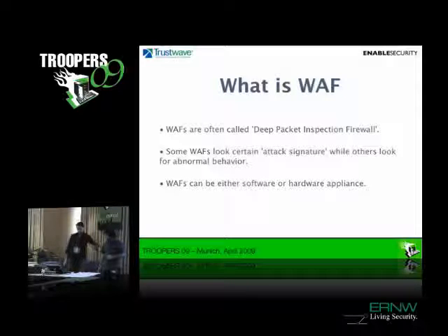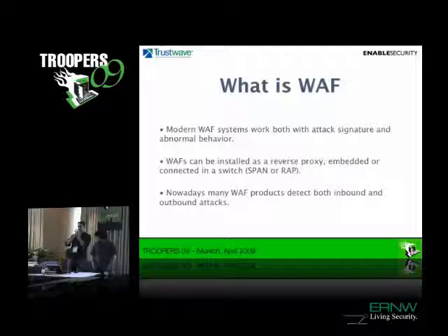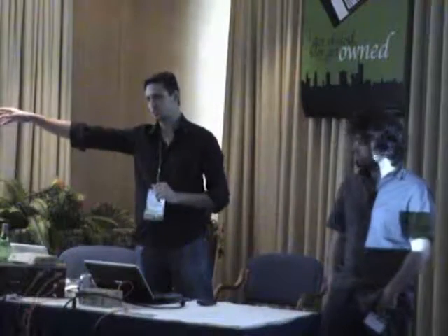Well, basically, they have 3 different network designs where they can be applied. It can work as a reverse proxy. So you have a reverse proxy that will get all the connections and forward them to the web server, check them, for example, for anomalies or signatures, and if it's okay, forward, get the response back, and send it back to the client.